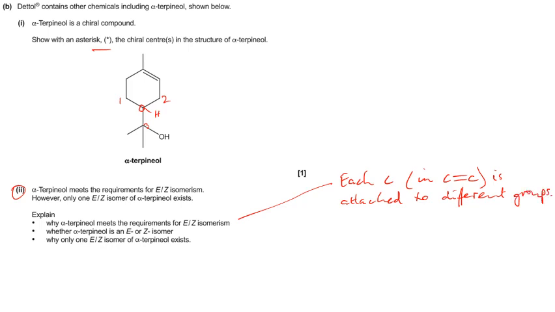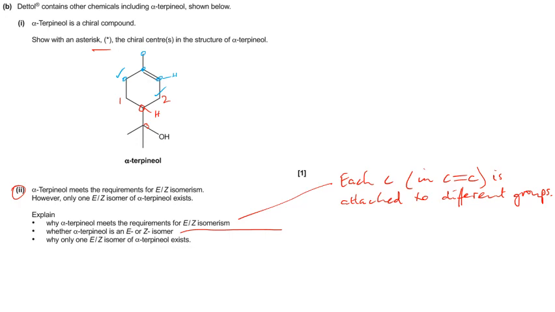And going to the next question, whether it's an E or a Z isomer. Well, if we look at our 2 carbons in the double bond, we've got this carbon compared to this carbon. This is the higher priority, and we've got this carbon compared to the hydrogen, so that's the high priority.